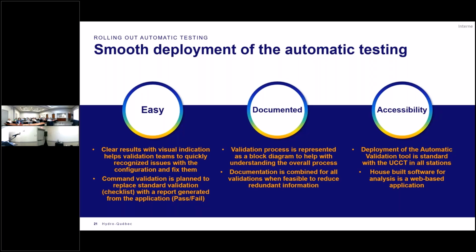So we were able to deploy that automatic validation much easier across all the different installations, whether they were in FATs or if they needed to do it on site as well. So because of those, it was deployed, and up to now it's still used.